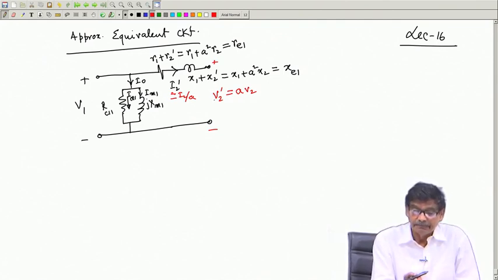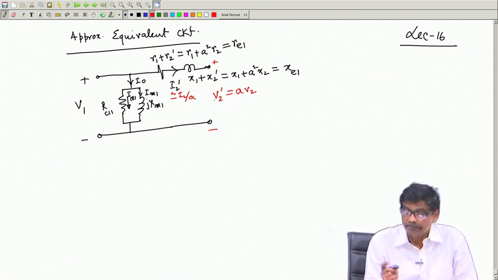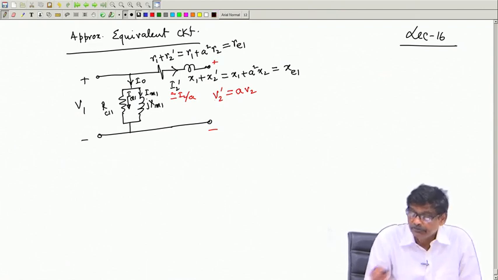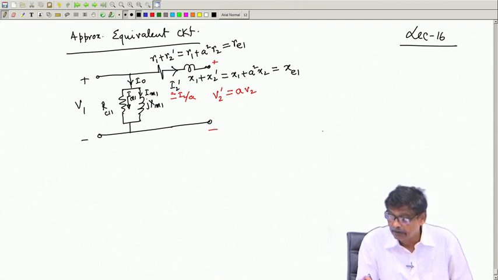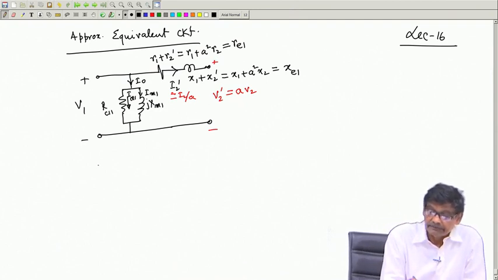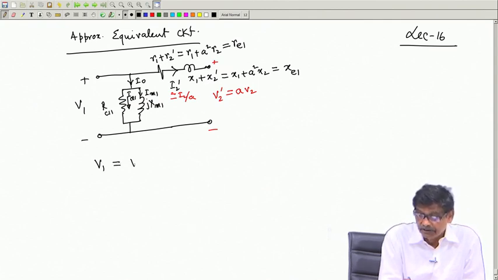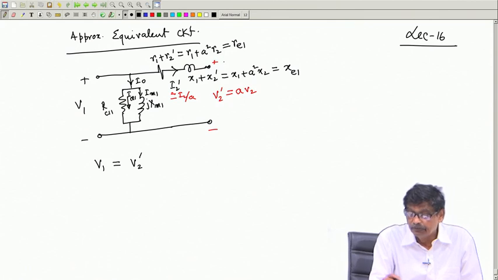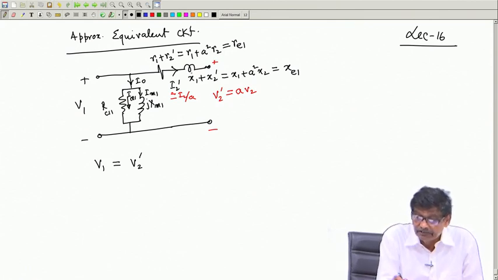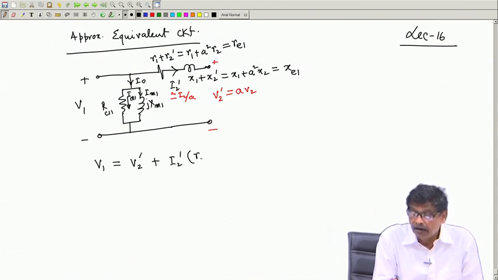Then the phasor diagram drawing becomes so simple. Let us see. Suppose we start drawing the phasor diagram with respect to V 2 dashed. Now, as you can see, V 1 will be equal to V 2 dashed, this voltage, plus this drop, I 2 dashed into R E 1 plus J X E 1. This will be the phasor diagram.